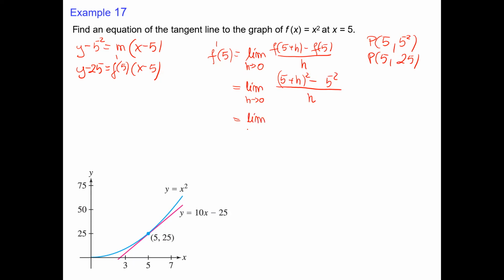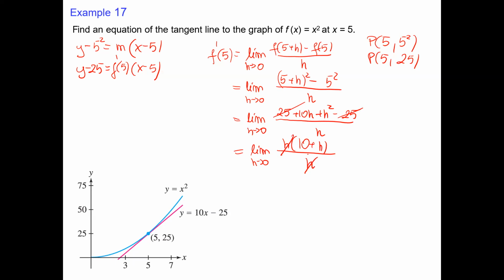Direct substitution shows us 0 over 0. Of course, it's calculus, instantaneous rate of change, no distance, no time. Let's expand this: 25 plus 10h plus h squared minus 25. Cancel out. We have 10h plus h squared. We may factor out h.